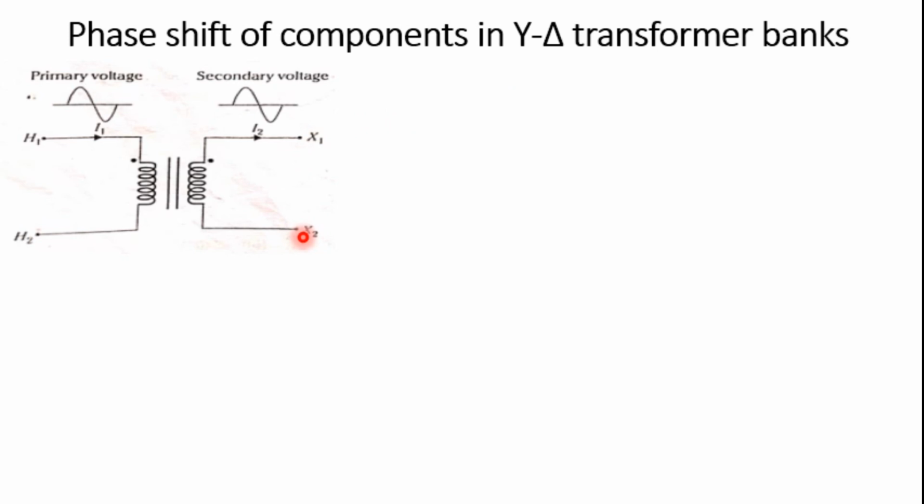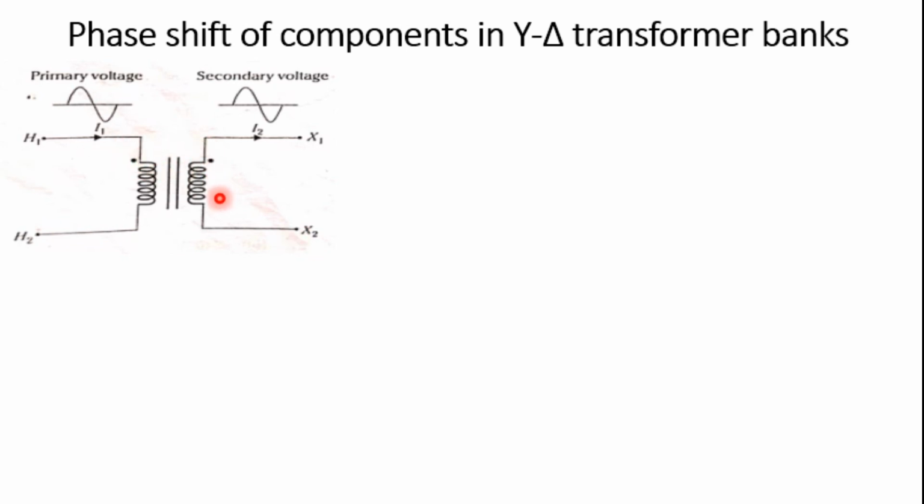So here we can deduce that I2 will be in phase with I1, and the terminals H1 and X1 are positive at the same time with respect to H2 and X2. So the dot is placed at the terminals having the same polarity.